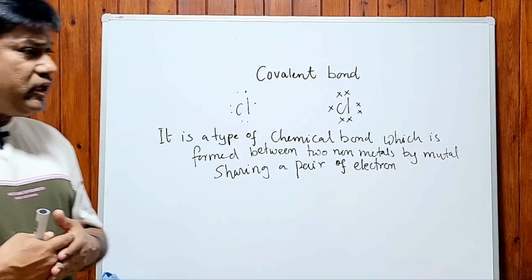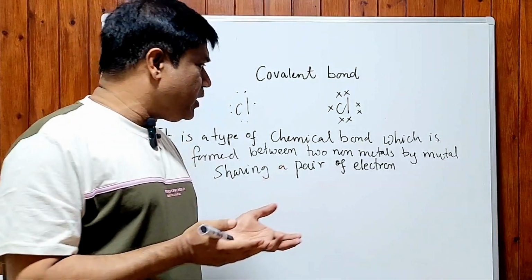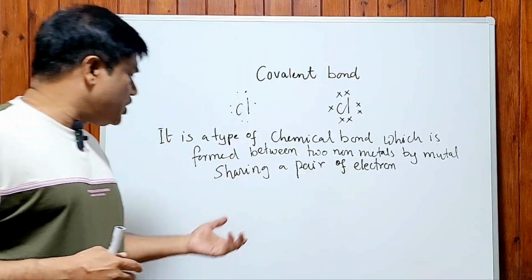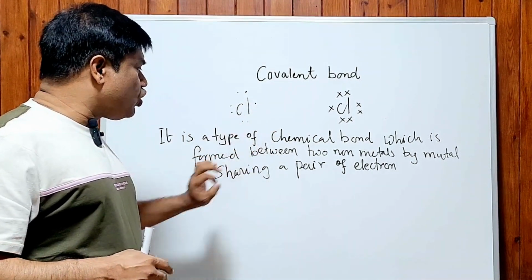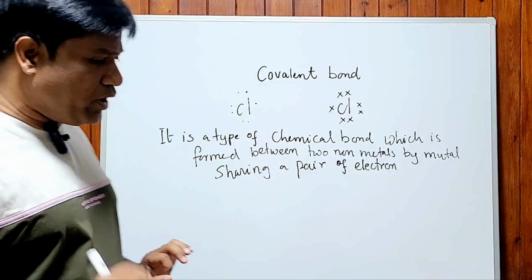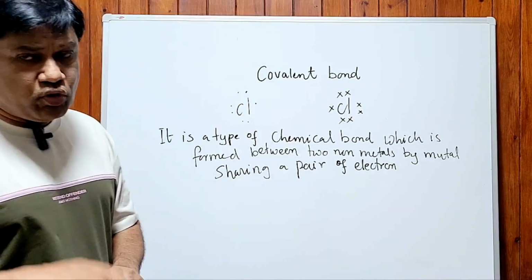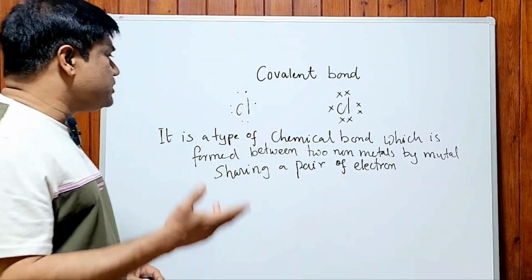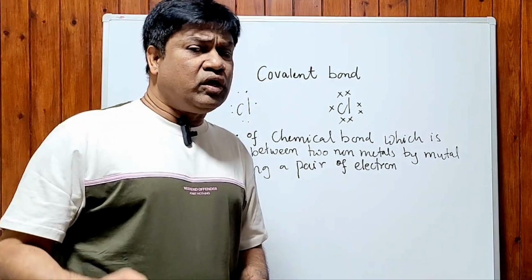Octet rule means when a bond is formed, both the non-metals have 8 electrons in the valence shell. I will show you how to draw a dot and cross structure of a covalent bond. But how is a covalent bond formed? A covalent bond is formed between two non-metals by simple mutual sharing of a pair of electrons.